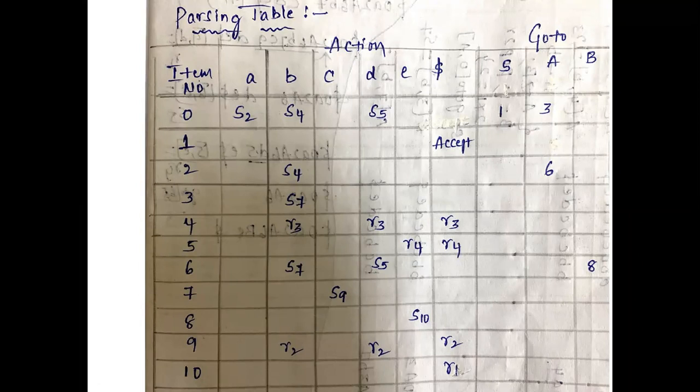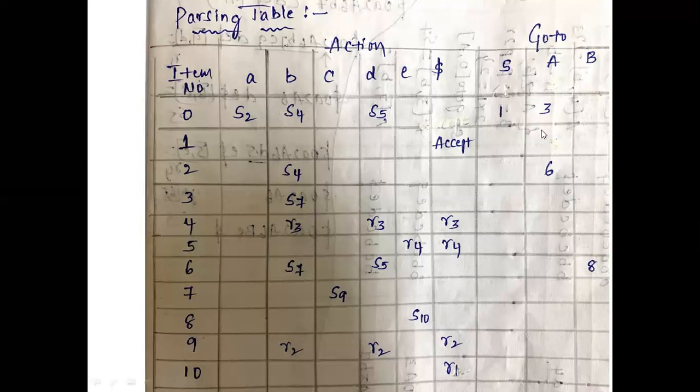And with the computations that we made with the item along with the symbols, if the symbol is a non-terminal, then we represent the output in the place of the goto function. That means goto of the item with the non-terminals we represent in the goto column, and goto of the item with the terminal symbols, whatever item number we get, we represent in the table like this, right?